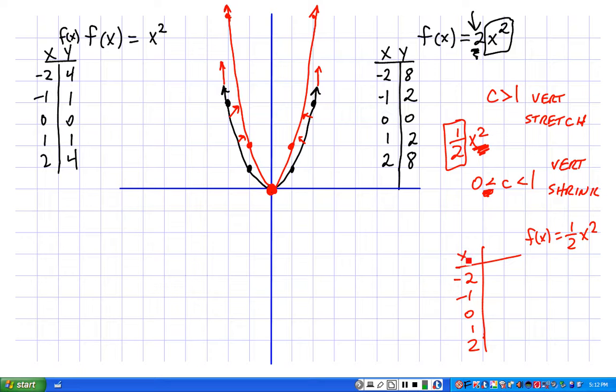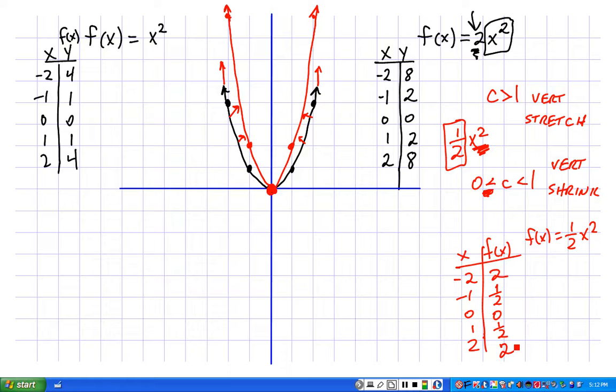Okay, x and f of x. Alright, so now at -2, squared is 4. Half of 4 would be 2. -1 squared is still 1. Half of 1 is 1/2. 0, positive 1 would be 1/2, and at 2 you get 2.